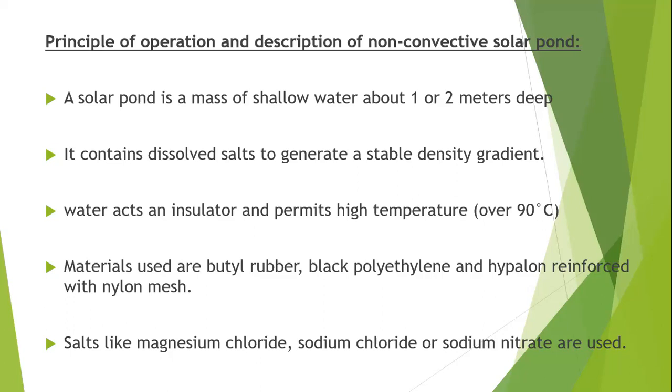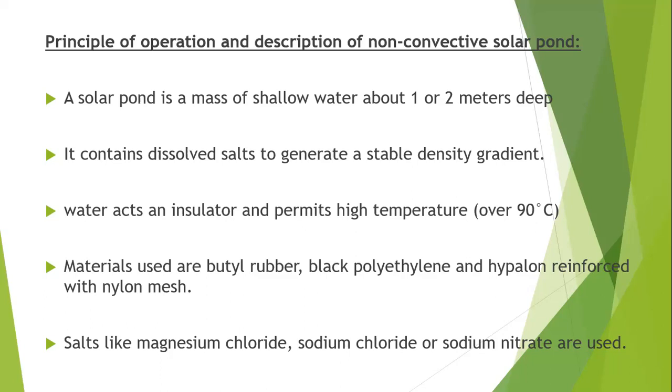At the bottom of the pond, a thick durable plastic liner is laid. This thick liner is made of materials such as butyl rubber, black polythene and hypalon reinforced with nylon mesh. So this is a thick liner, not a thin liner.